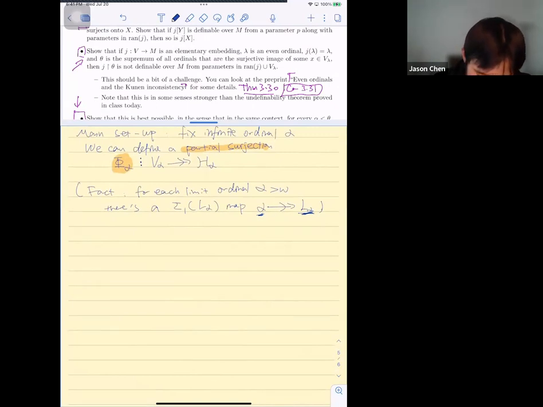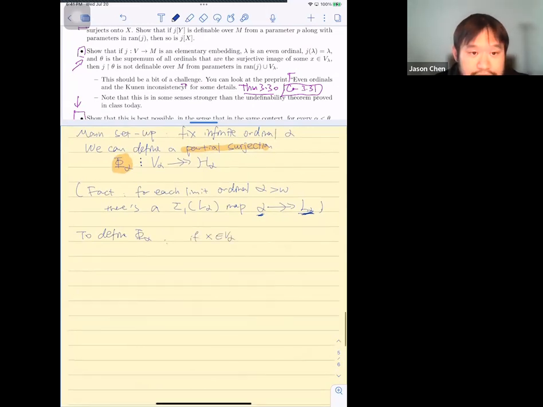So to define phi alpha, if x is in V alpha, we write R sub x for... let me do this, I need another definition.